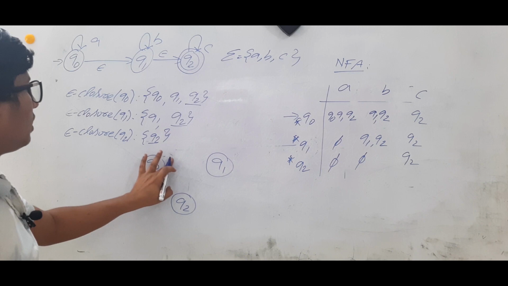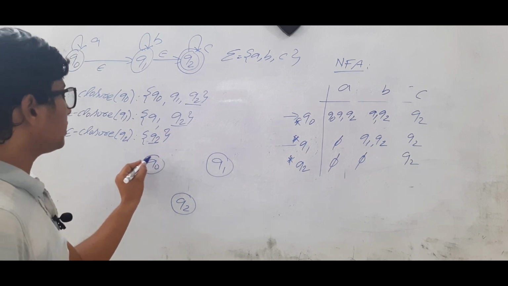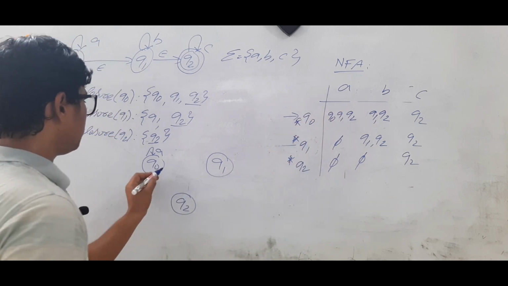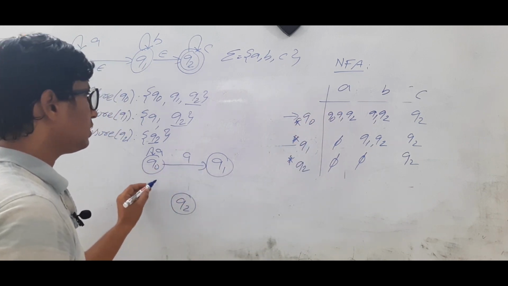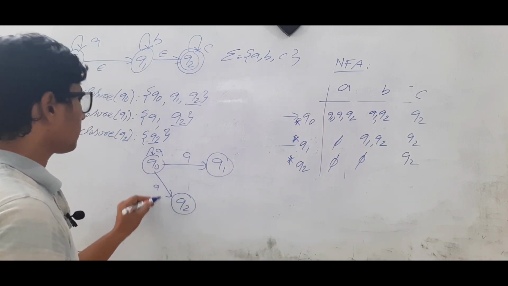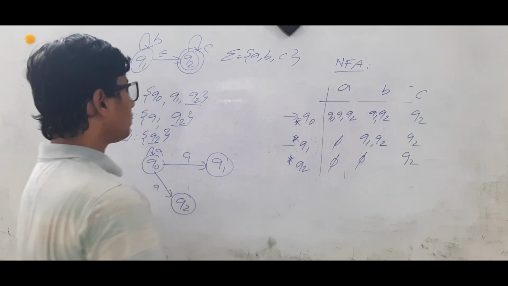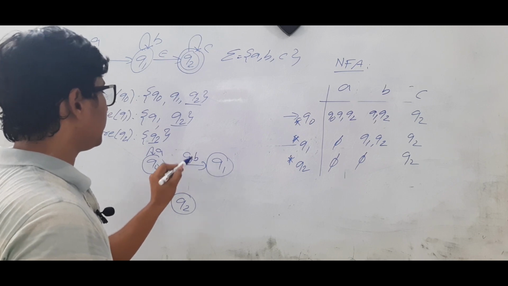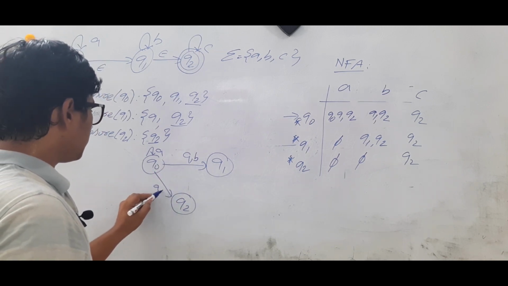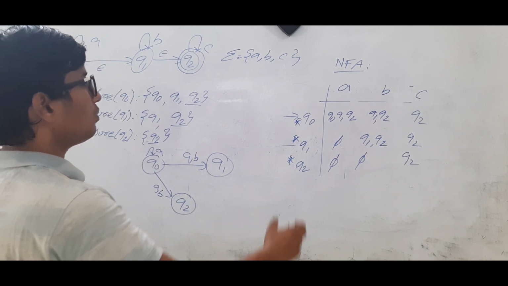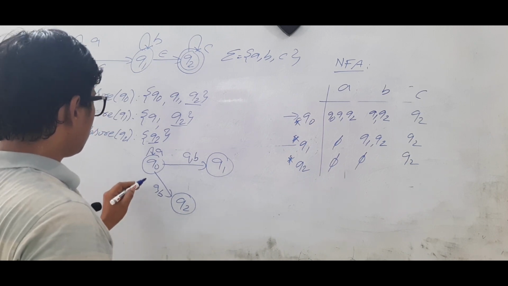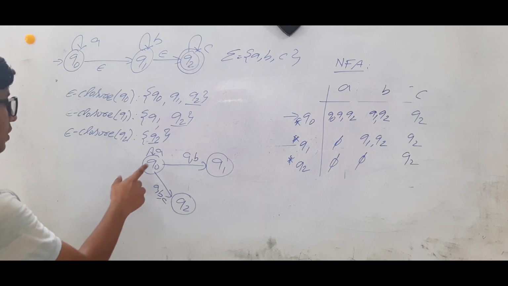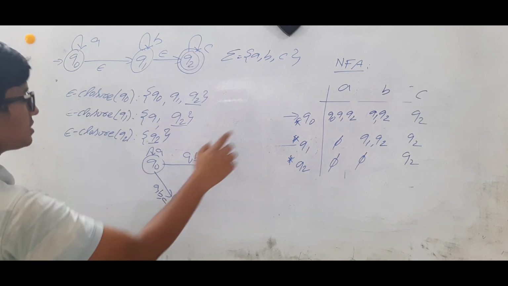Now Q0 on A is going to Q0 itself. Q0 on A is going to Q0, Q1 and Q2. Done. Now Q0 on B is going to Q1. So I will write it as A comma B, and it is going to Q2 also. Now Q0 on C is going to Q2. So the meaning is that Q0 on A comma B comma C is going to Q2.